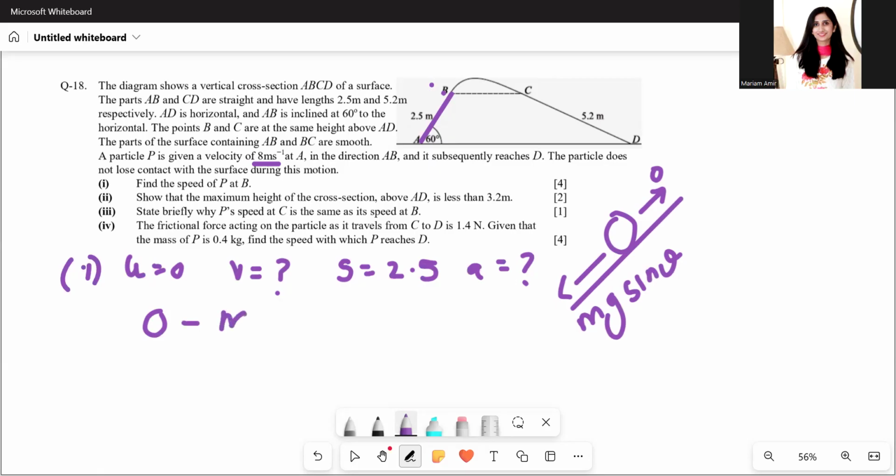We don't know, times g, which is 10, times sine 60, equals ma. Forward force minus backward force is equal to ma. m and m get cancelled, and you can find the value of a, which comes out to be minus 5 under root 3.